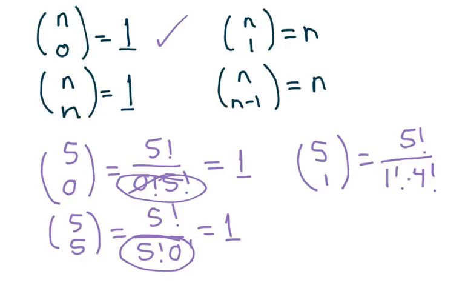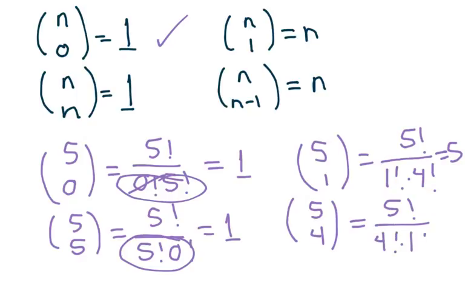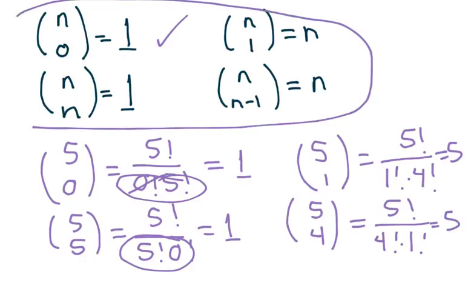And when you write all that out, you're just going to get 5. Or you can have 5 choose 5 minus 1, which is 4, which just reverses the order in the denominator. So you get 4 factorial times 1 factorial, and that's going to give you 5. You want to know this because you don't want to get all dependent on the calculator, and you want to be able to write them down quickly.